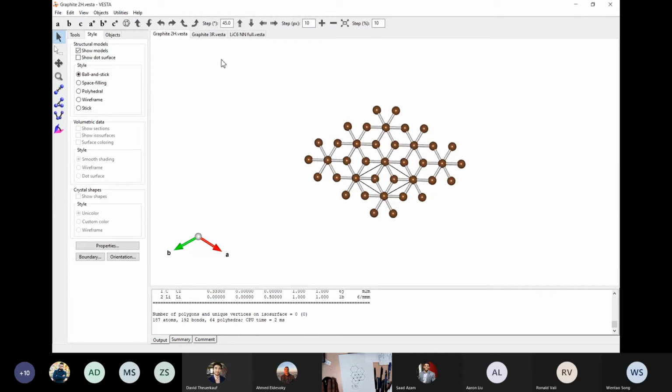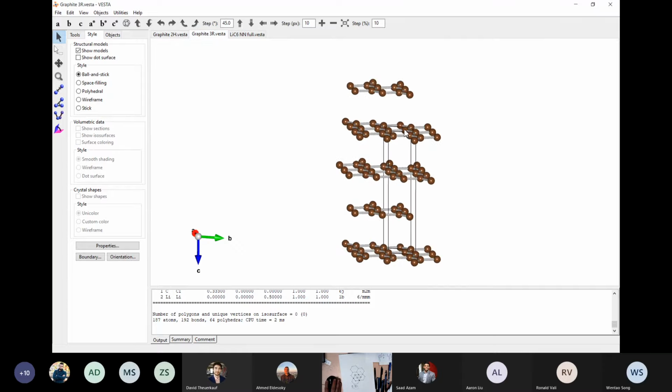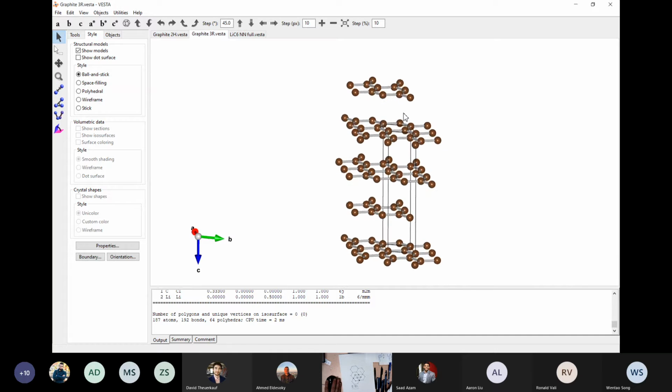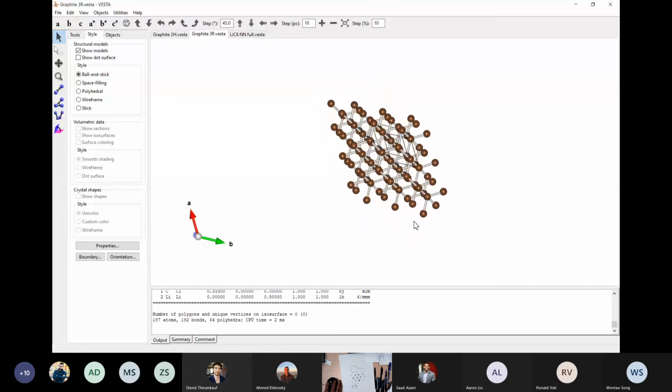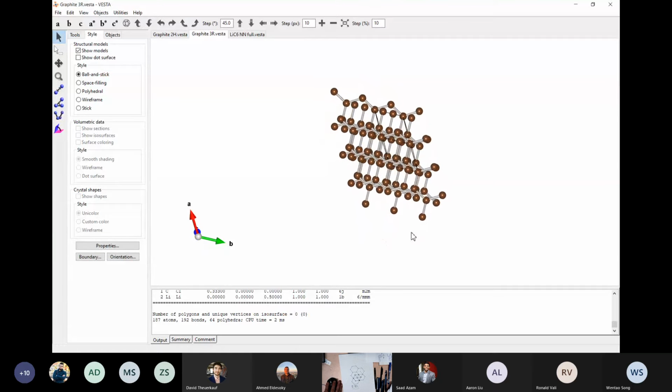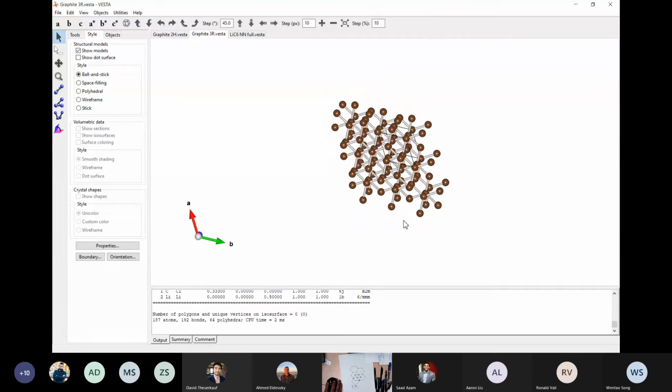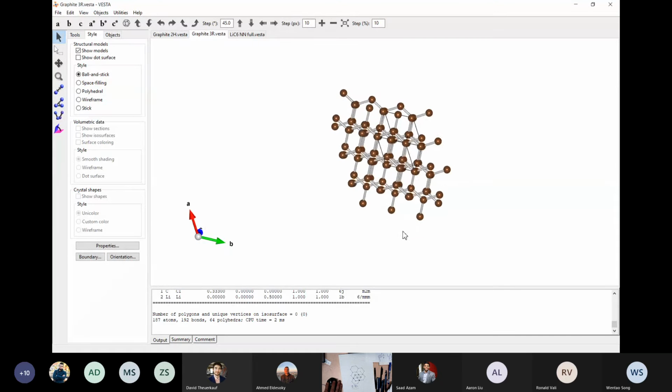So when we look at 3R graphite from the top, it's going to look different. So we're going to do that now. This is 3R graphite, and we're going to look from the top now. Where is the top?